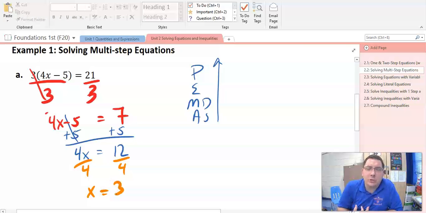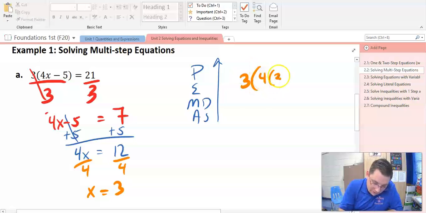And like we talked about in the 2.1 video, check your work. Remember, if you check your work, you'll know you have it right or wrong before you even ask me a question, right? Check your work. When we substitute this back in, we get 3 parentheses 4, the parentheses of our substitution, the 3, minus the 5, is equal to 21. Is that equal to 21?